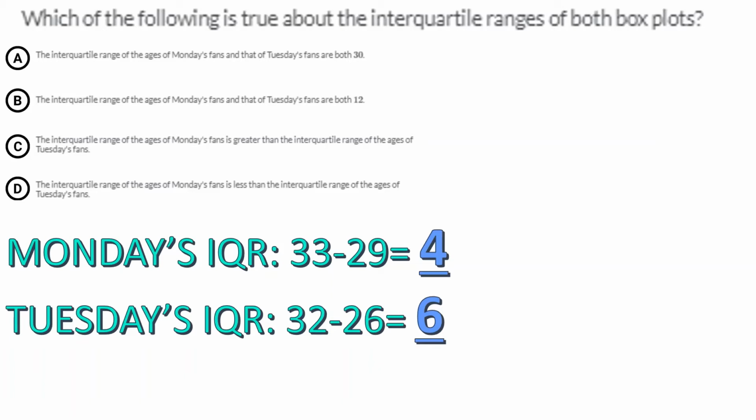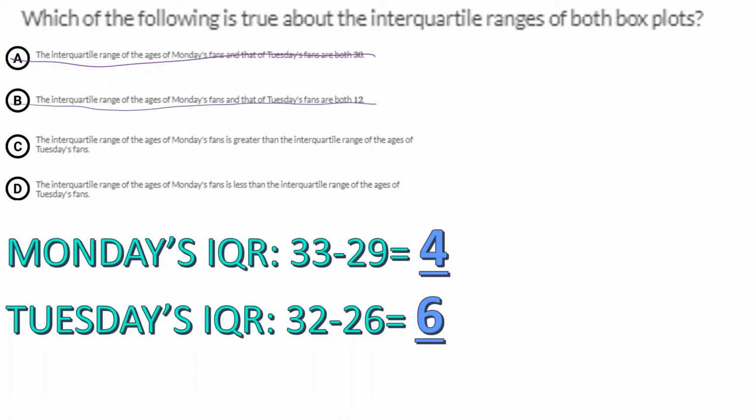So that answer choice is wrong. Answer choice B, the interquartile ranges are both 12. As stated before, that is wrong because Monday's is 4 and Tuesday's is 6. So answer choice B is not the correct answer.